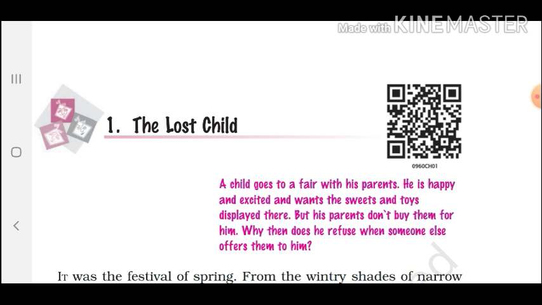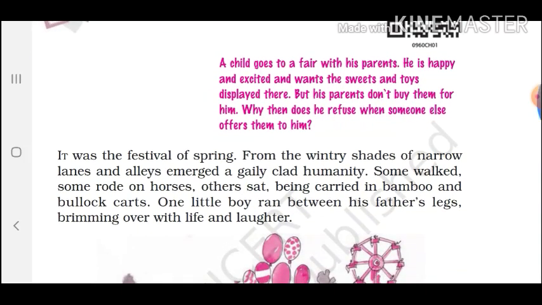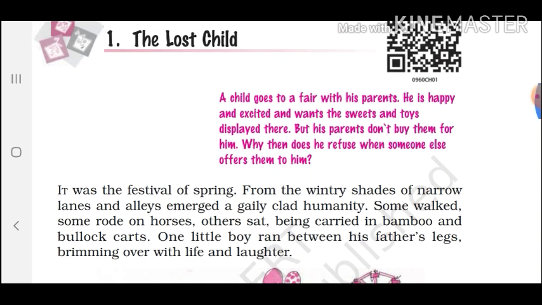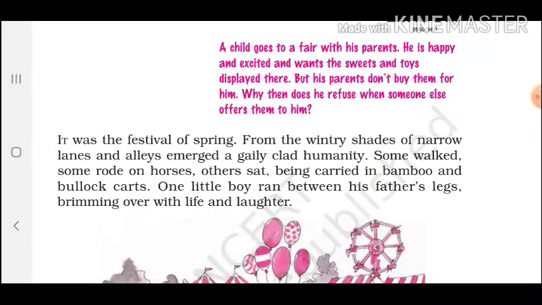So why did the child refuse? When we read this story, we will come to know. So let us come to the very first paragraph of the story, The Lost Child.